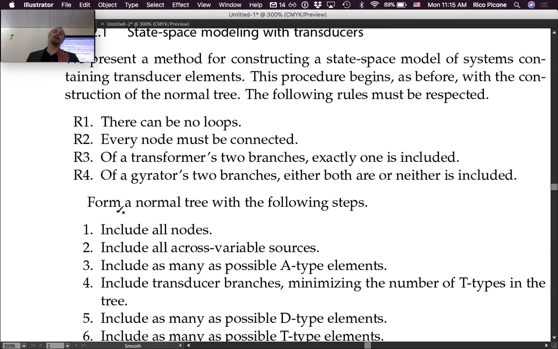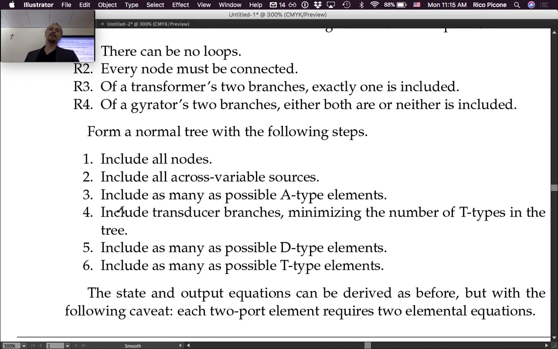For rule 4, a gyrator's 2 branches, you have to choose either both or neither for your normal tree. So for a gyrator, you have 2 options: either include neither of the branches or include both of the branches. So those are our rules, and the normal tree steps are exactly the same with one additional step.